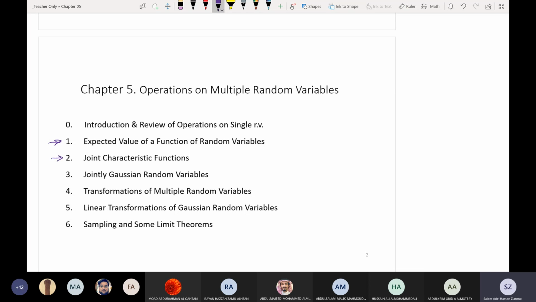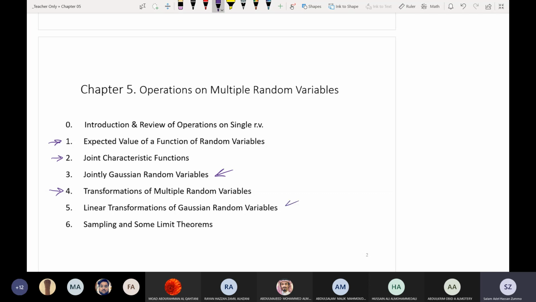We'll define the joint characteristic function. We'll define a very important concept called jointly Gaussian random variables. Very powerful, very important concept, and very used, especially when we talk about Gaussian random processes later on in the course, inshallah. And then we'll define the transformation of multiple random variables, how to find out the joint PDF of a transformation of multiple random variables.